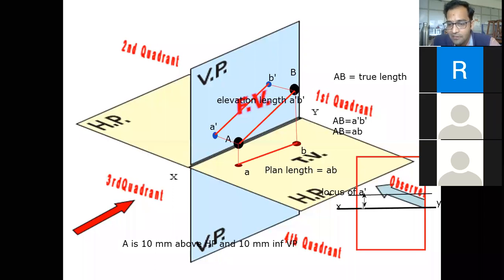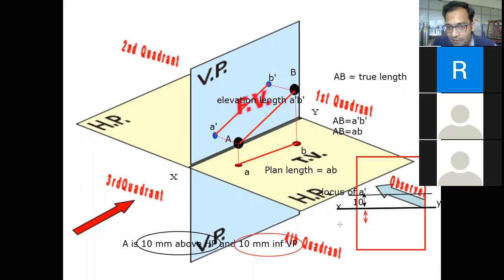How much distance is there from the reference? It is 10 mm from the reference. Why have I mentioned 10 mm? Because the data suggests that point A is 10 mm above HP. I hope you are clear about this one. Now let us move ahead for the second aspect, which is that point A is 10 mm in front of VP. For that, I'll be taking another line 10 mm from the reference.